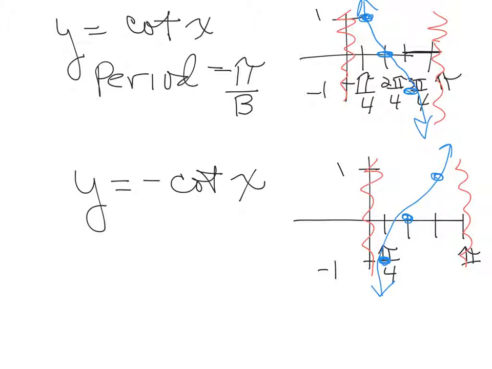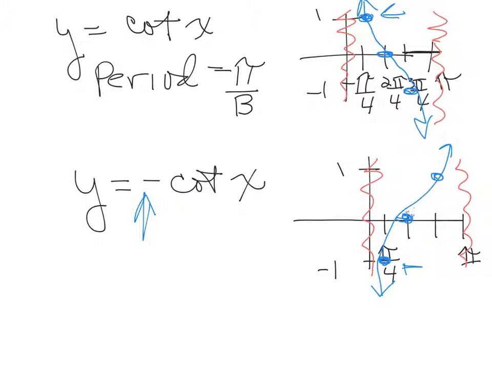Alright, so this is what you should have for y equals negative cotan of x. Your angles have not changed, your y values have not changed, but every single y value has been multiplied by negative 1. So if your y value was 1, as it is up here, it is now negative 1.